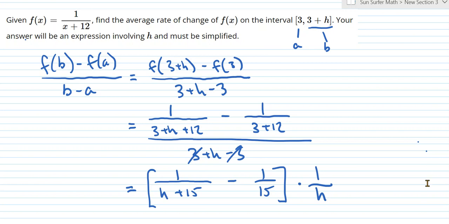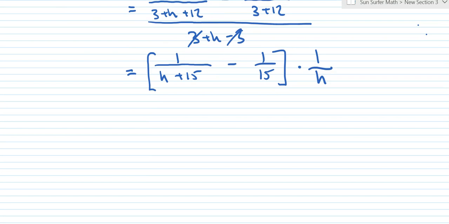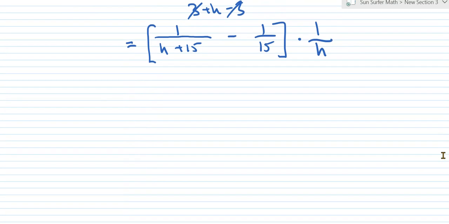All right, now comes the fun part. We have to get common denominators. So with rational functions, in most all cases, the least common denominator will simply be the product of the two denominators. So that would be 15 times h plus 15.